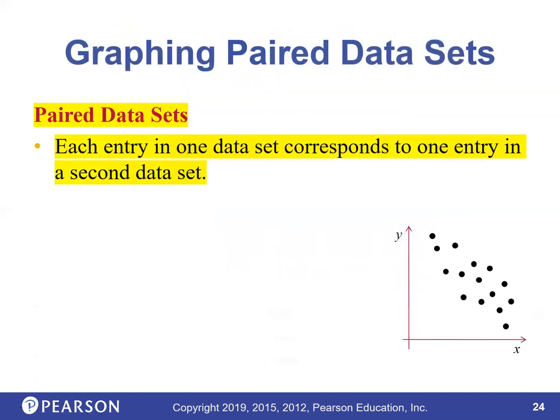Two more here. Paired data sets. That means we're using one thing and looking at another. So two things that are being connected together somehow.